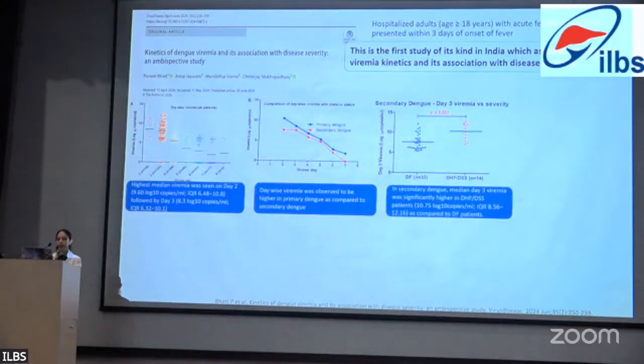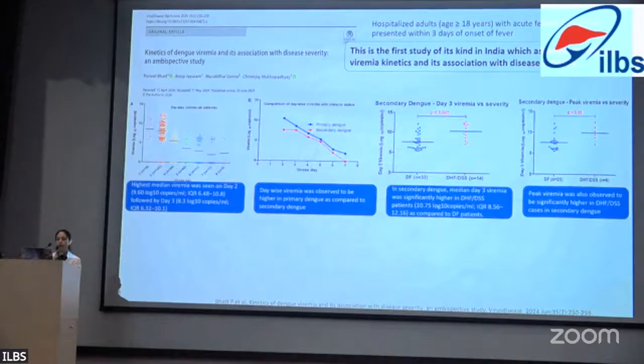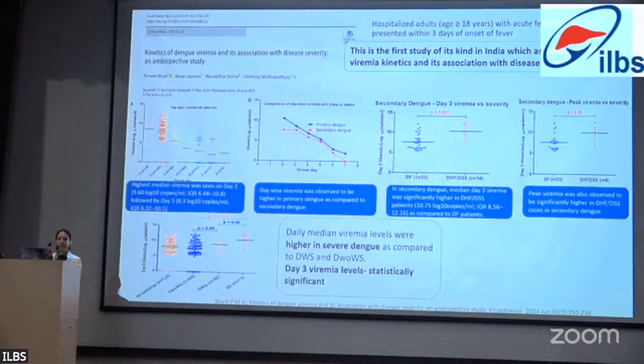In secondary dengue, median day 3 viremia was significantly higher in dengue hemorrhagic fever or severe dengue, and peak viremia was also observed to be significantly higher in cases of secondary dengue. Daily mean viremia levels were higher in severe dengue as compared to dengue without warning signs and dengue with warning signs. Day 3 viremia levels were statistically significant.